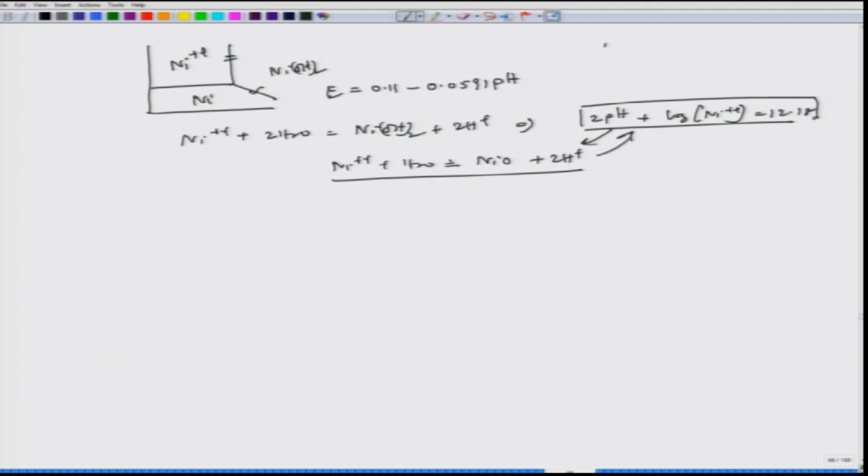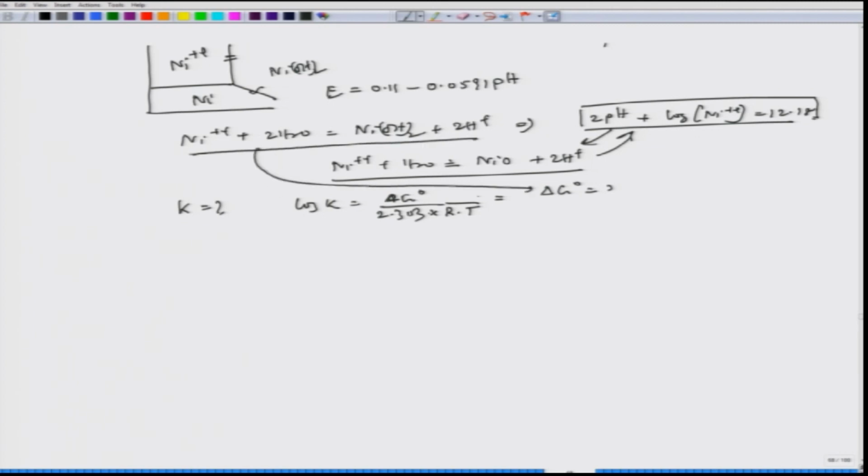I want you to try it out from the K. So, you have to find out the K value. So, log K equal to minus delta G0 by 2.303 RT. So, if you follow that, you have to find out delta G0 for this reaction.